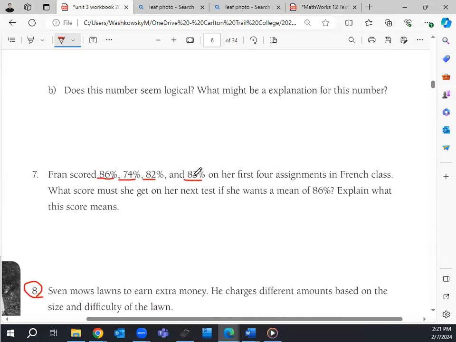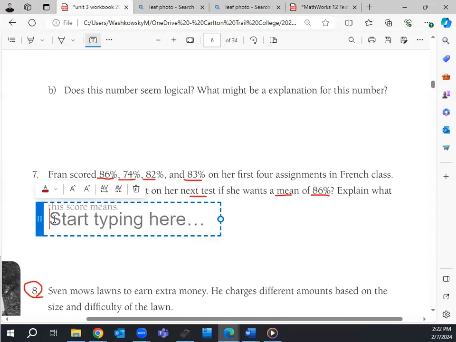Oh yes, so they got 4 grades. And so she has another test here where she wants to get an overall average of 86. So we want to figure out what score she needs to get here. So if she wants to get an 86 average, right?